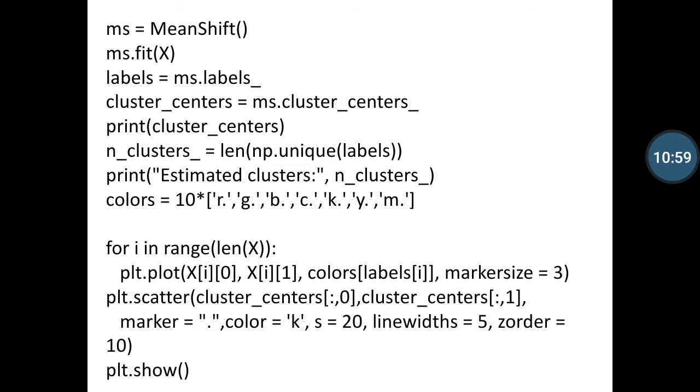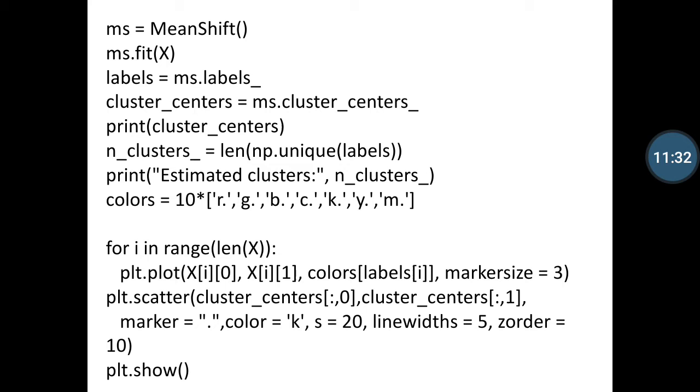Then I print the cluster centers, and then I create a new variable n_clusters_ equal to the len method, which counts the length. At this point I use the numpy library with the alias np, np.unique(labels). So it retrieves the unique labels from the data set used in our program.